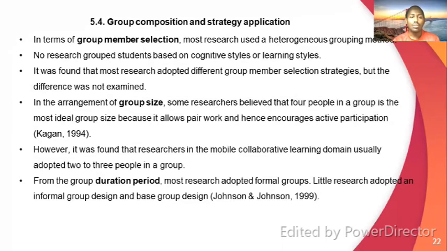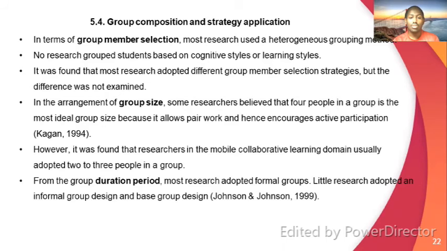In the arrangement of group size, some researchers believe that 4 people in a group is the most ideal group because it allows pair work and hence encourages active participation. However, it was found that researchers in the mobile collaborative learning domain usually adopted 2 to 3 people in a group.